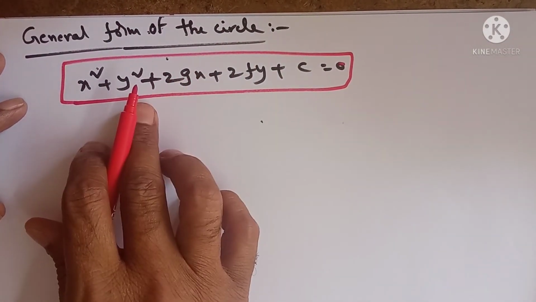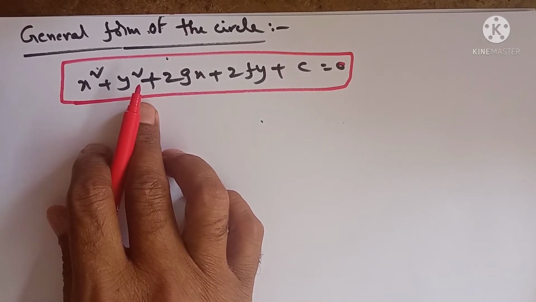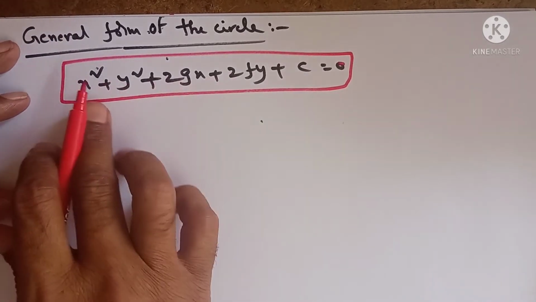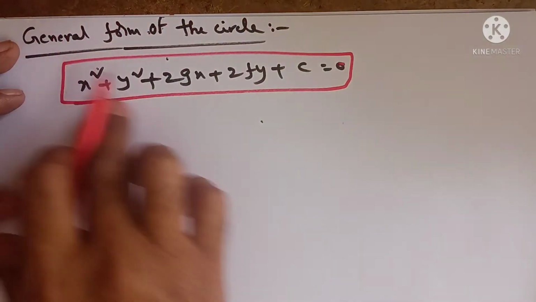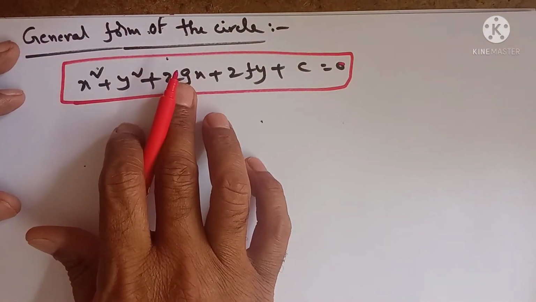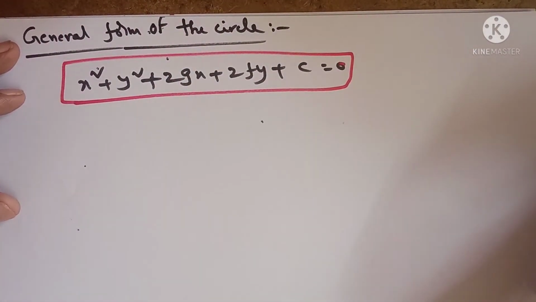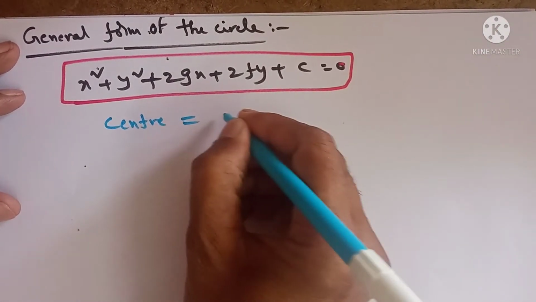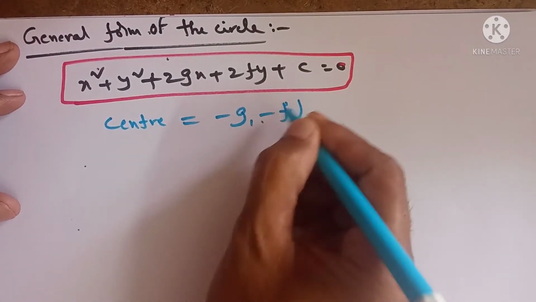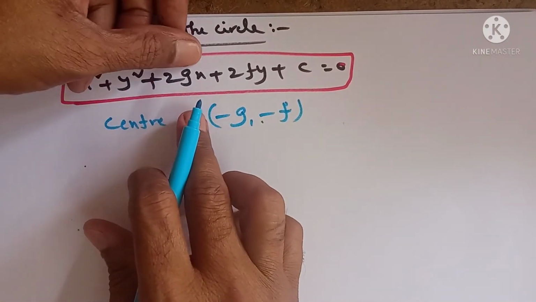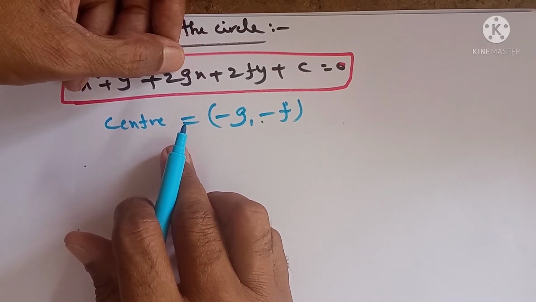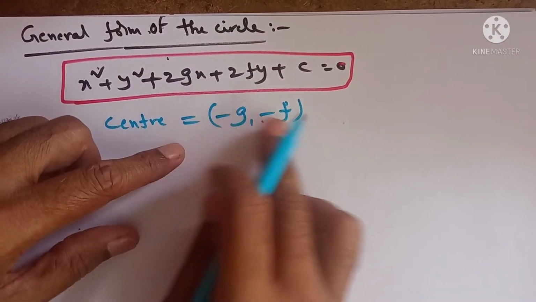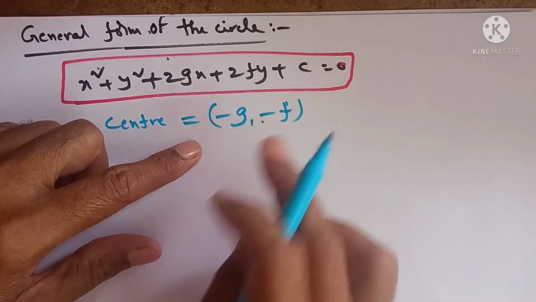H term is 0. Just now I said x square coefficient is equal to y square coefficient and coefficient of xy is equal to 0. Then it represents a circle. So it is a general form of the circle. Its center is minus g, minus f. See, simply x coefficient divided by 2 and y coefficient divided by 2, put negative symbols.